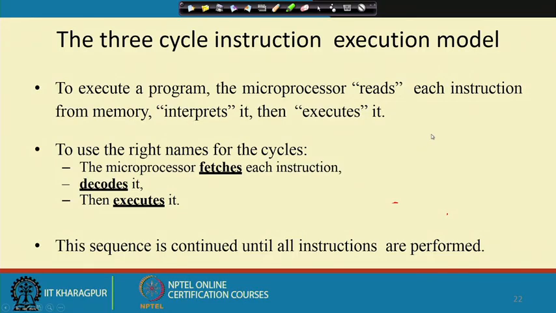This is very commonly known as the fetch, decode, execute cycle. Even advanced processors follow this particular model. In advanced processors the execute stage may be very complex, so it is divided into a number of sub stages.